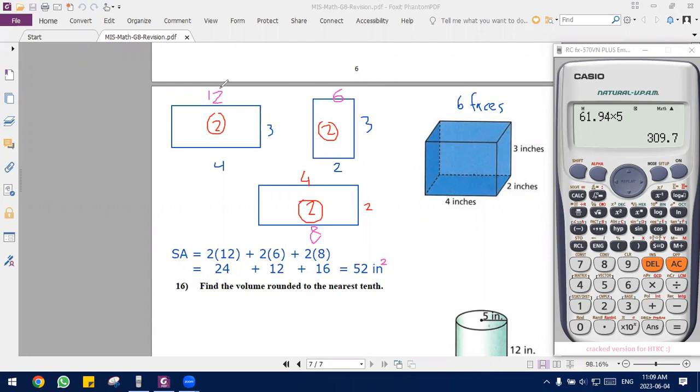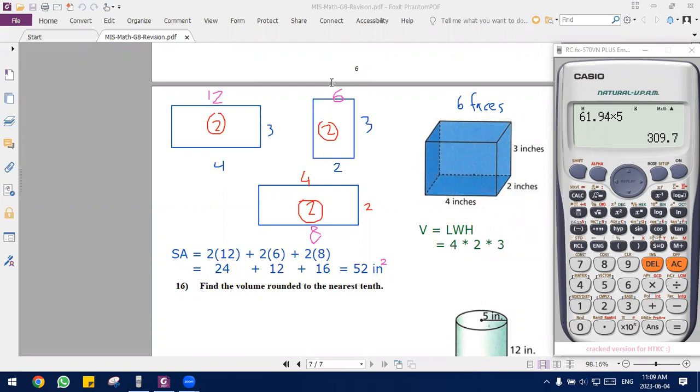Now to find the volume, here we have a cuboid. The volume of the cuboid is very easy. We write the formula. Volume is equal to length times width times height, which is basically 4 times 2 times 3.